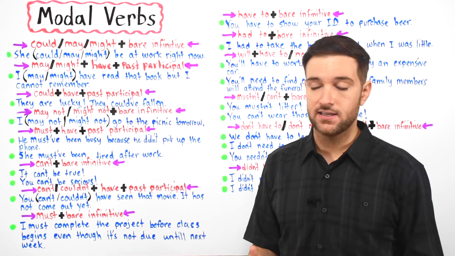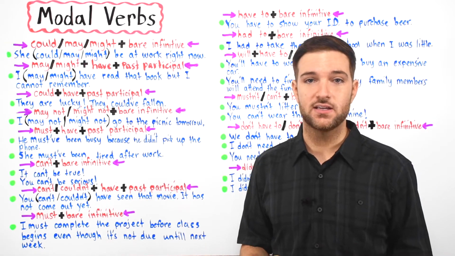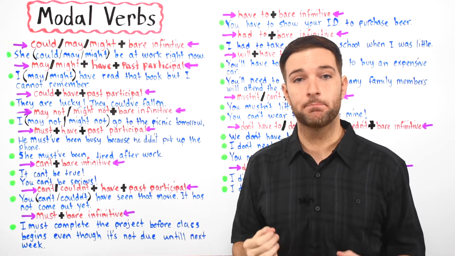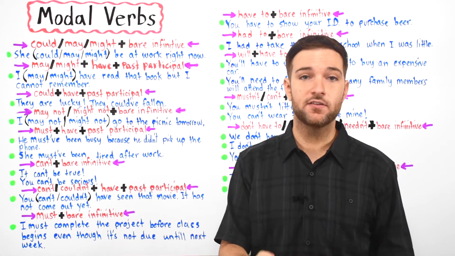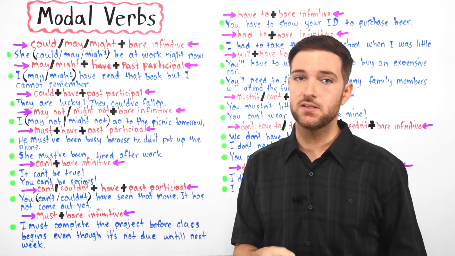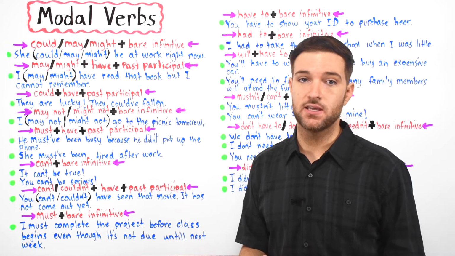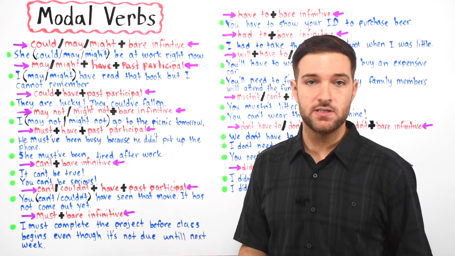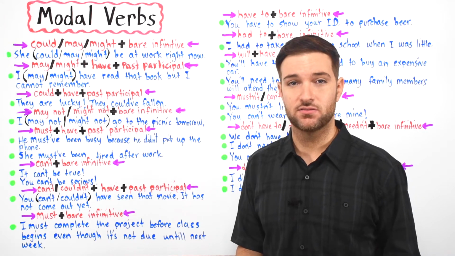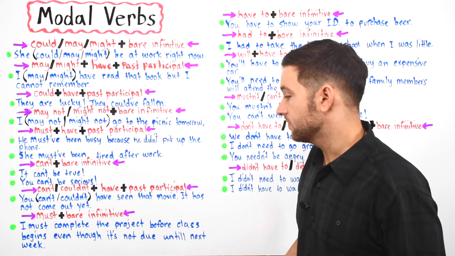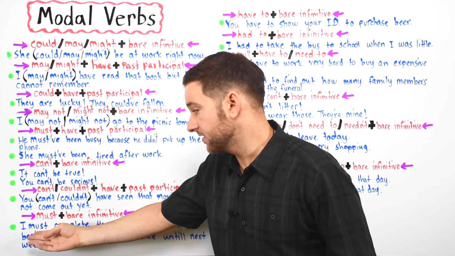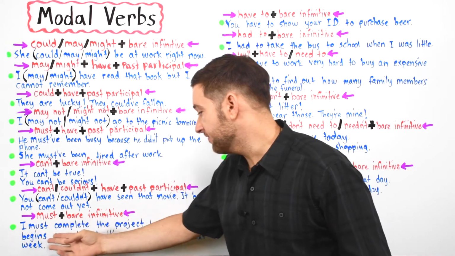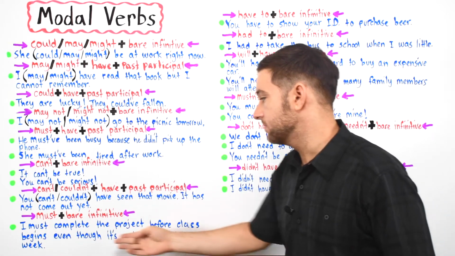Okay, in this case, using the word must is like you're expressing a personal obligation. Let's not forget that English speakers typically use must when they express a personal obligation, a subjective obligation, or what the speaker thinks is necessary in the sentence. Okay, so oftentimes a speaker will also say, I have to complete the project before class begins.